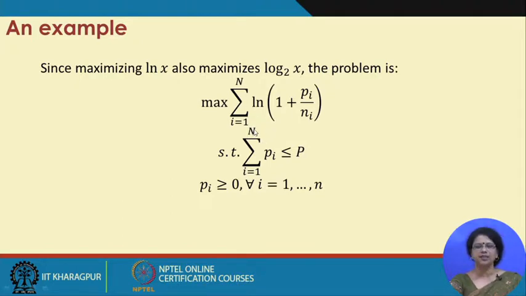Instead of taking base 2, if we just maximize this, that is sufficient, because both are equal in pattern. Thus, we will consider this as our nonlinear programming problem, maximization of this, and this type of problem many of you have come across in your engineering study.